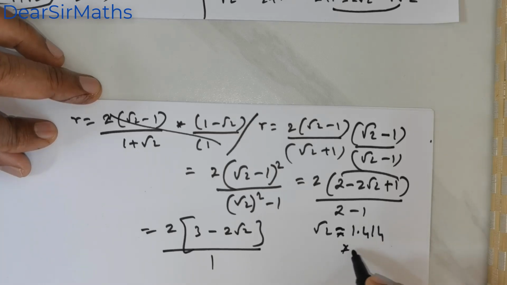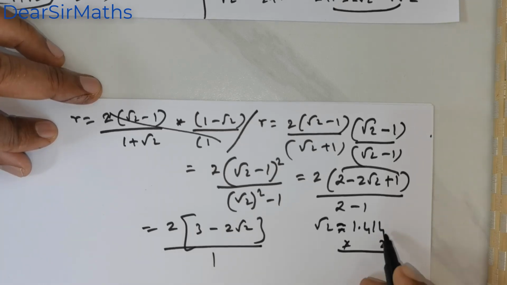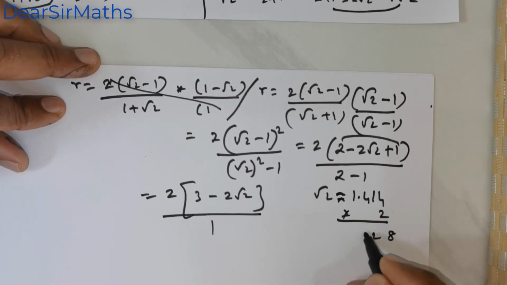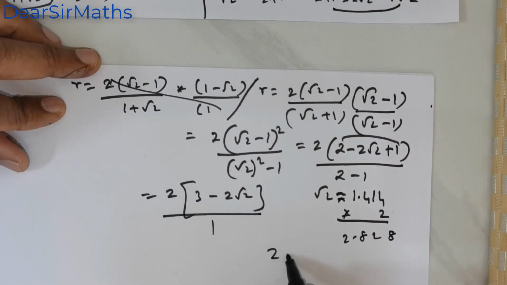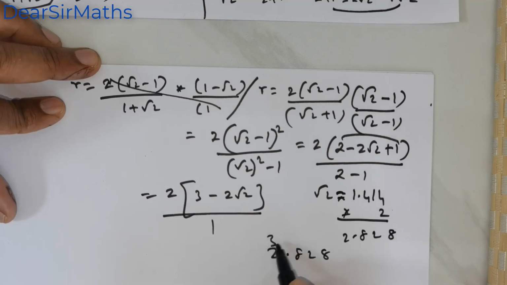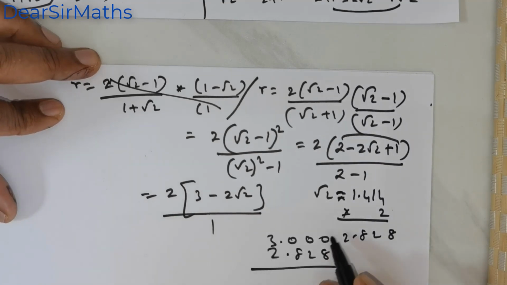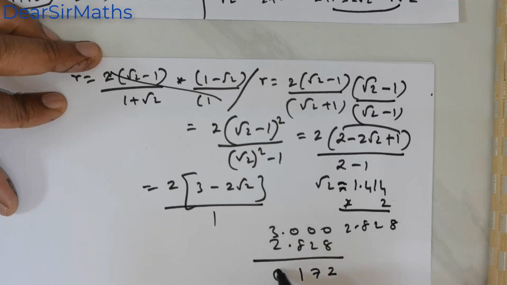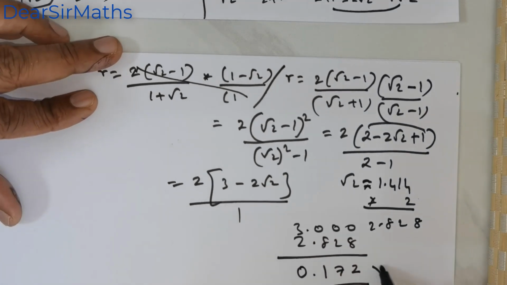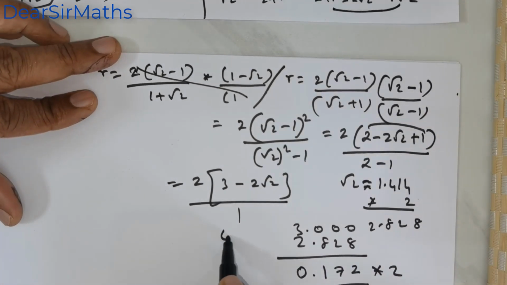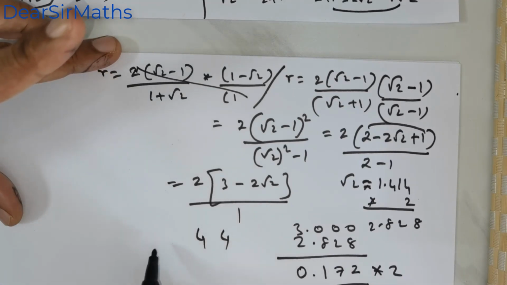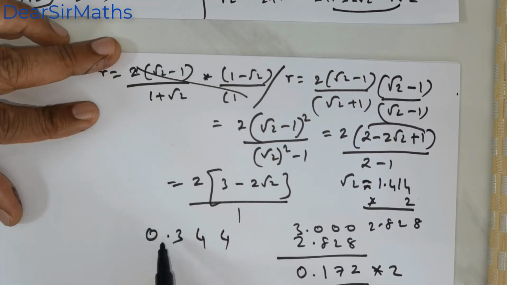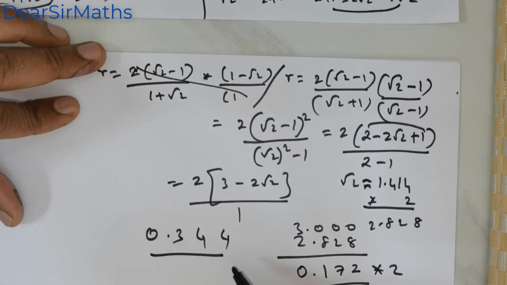So you multiply it by 2. What do you get? You get 2.828, and you take away from 3, you take away 2.828. So it's going to be 0.172, and you multiply it by 2, you get approximately this value.